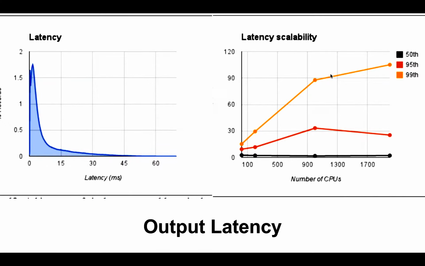You can see the 99th, the 95th, and the 50th percentiles, and you can see that the 50th percentile remains constant, which is one of the requirements that was put forth for this graph processing engine, or stream processing engine. For the 95th, there isn't any strong correlation, but in the 99th there is some correlation.